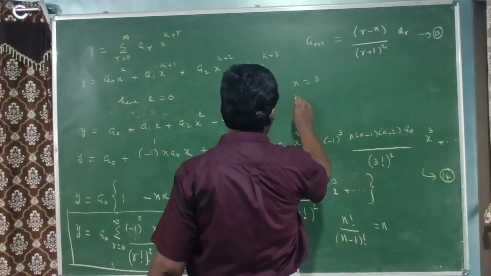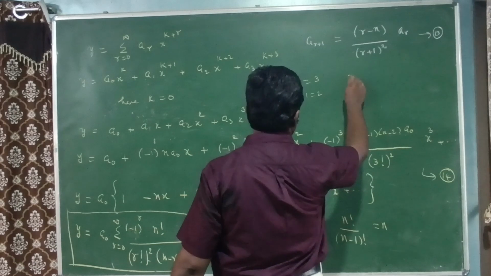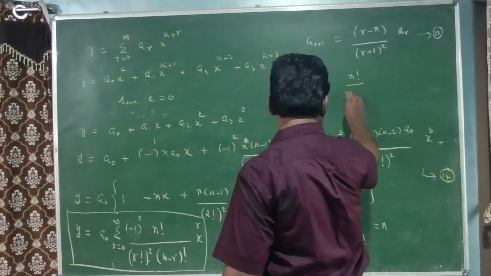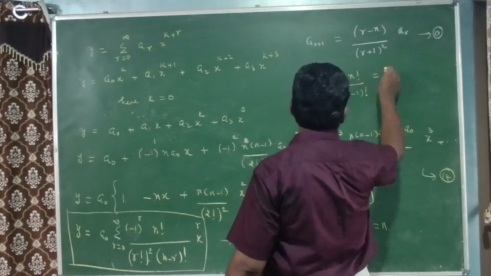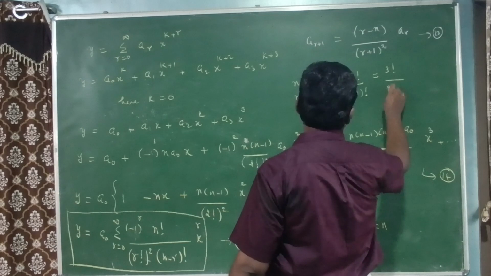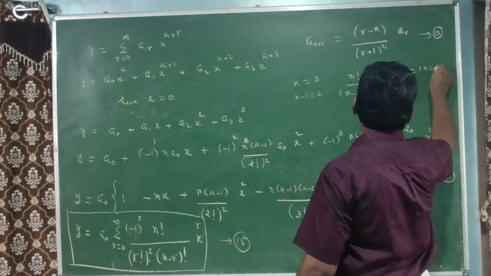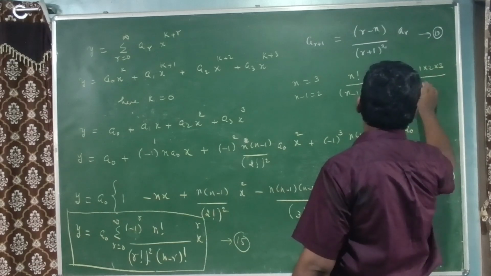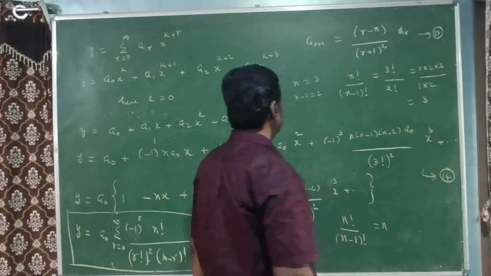Then n minus 1 is 2. 3 factorial divided by 2 factorial: 3 factorial is 1 into 2 into 3, 2 factorial is 1 into 2, so we get 3 as the answer.